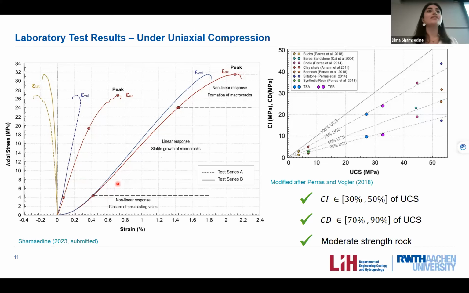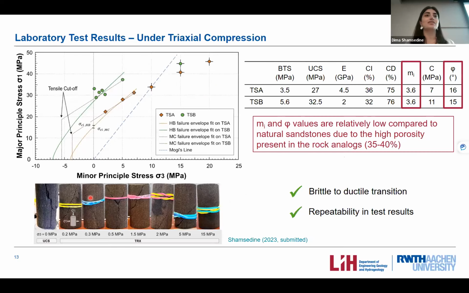Pore collapse, and that's why we have seen this in the triaxial test. So as we increase the confinement, we have pore collapsing, and we have axial compression dominating the behavior, which results in the low friction angles from the fitted curves.